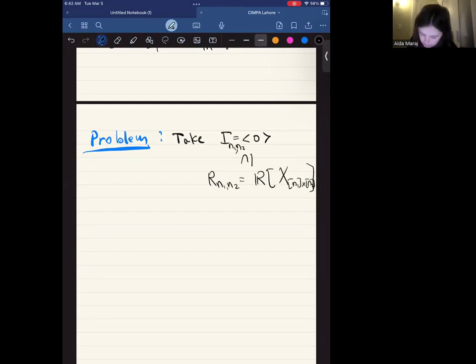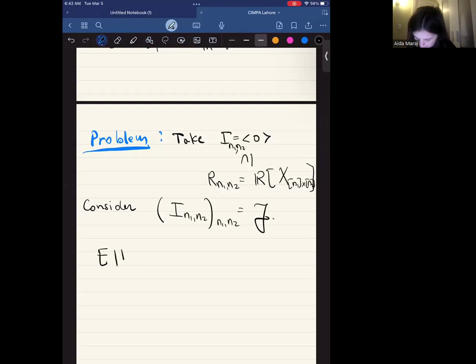And so consider this family of ideals I N1 and N2 for each N1 and N2. I'm going to call this one with this fancy I. Then, what is the equivariant Hilbert series of this I?